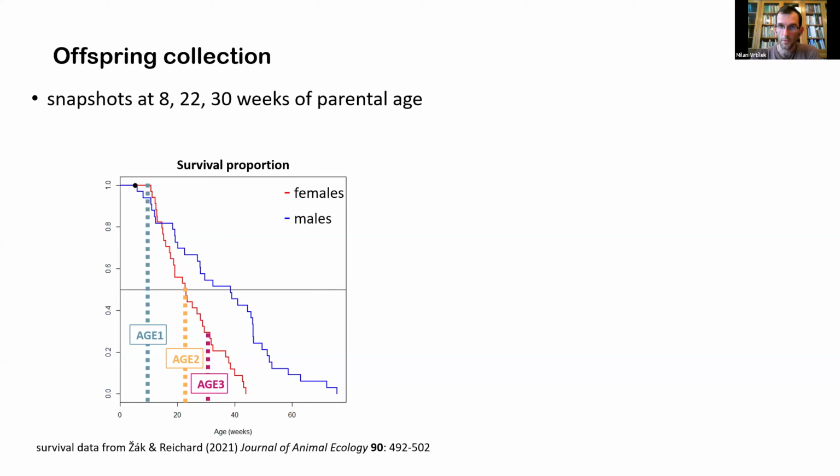Regarding the offspring traits, we selected clutches at specific moments of the parental fish life. The first moment corresponds to the maturity of the fish, when the survival of the population is 100%. The second one is a moment when half of the females were still alive, and then when only 25% of the females are alive.